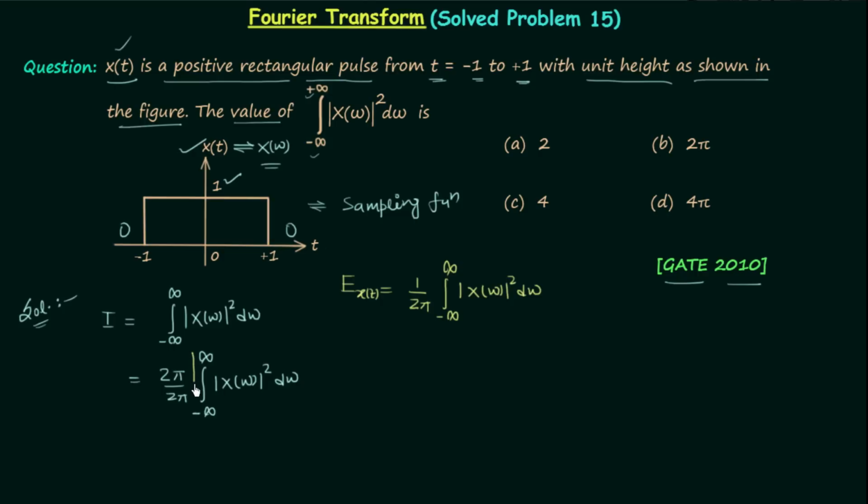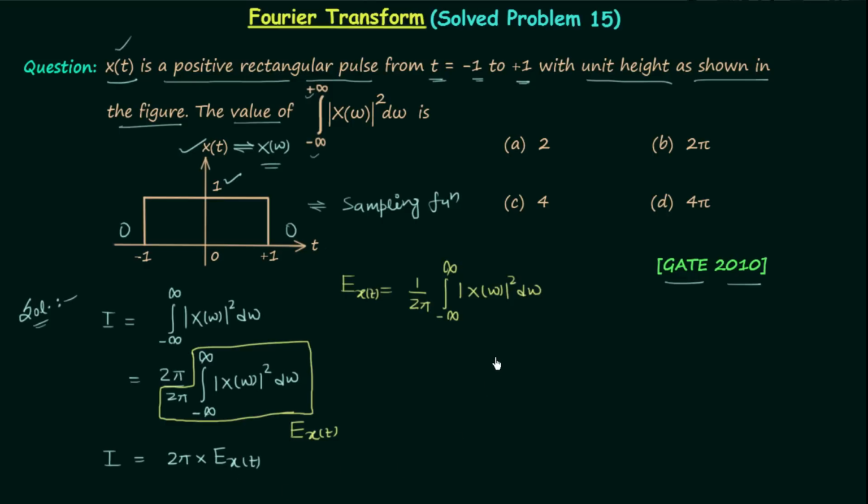So here, if we include this 2 pi in denominator with the integral, then we can say that it is equal to the total energy of signal x(t). So our integration I is equal to 2 pi multiplied to total energy of signal x(t).